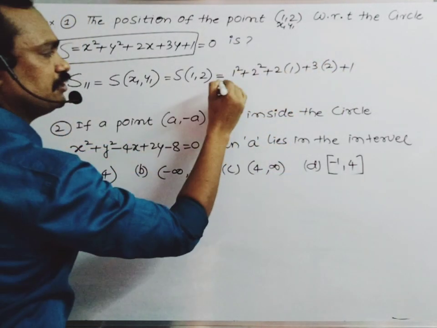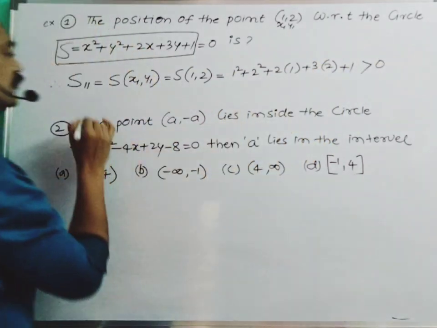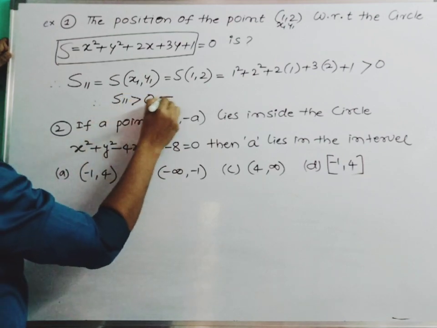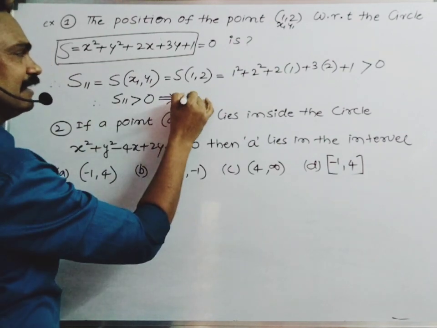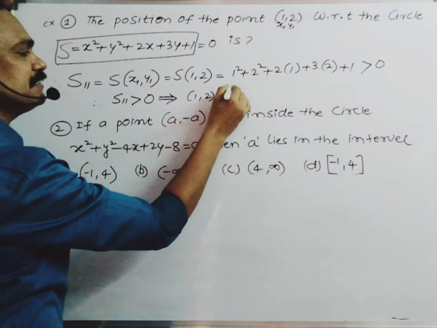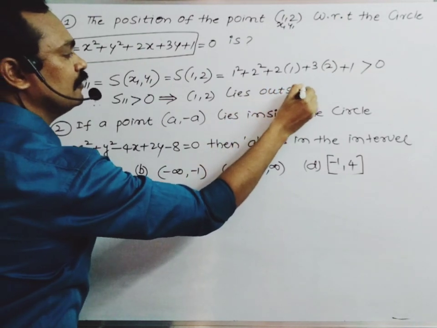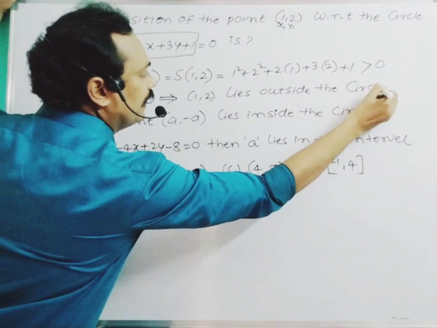Certainly it is positive, no? All sum positive, greater than 0. So if S11 is greater than 0, what can you conclude? The given point lies outside of the circle. 1 comma 2 lies outside the circle. Okay, nice.